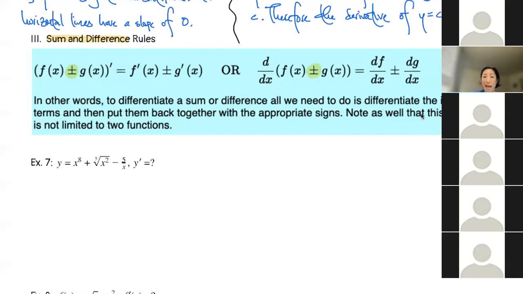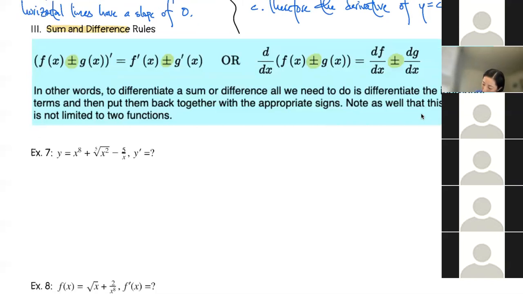So when we are adding or subtracting, you can actually do it piece by piece, find the derivative piece by piece, and then add or subtract everything back together. This is not going to be true for multiplication and division. We will have special rules for multiplication and division.